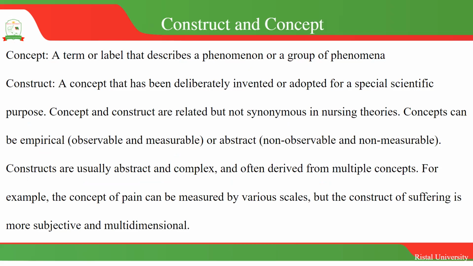It is more complex than a concept, and you actually make it. You derive a construct from a concept. So you can have many concepts that can form a construct.